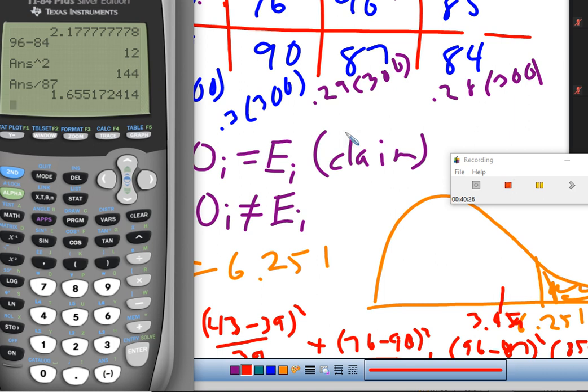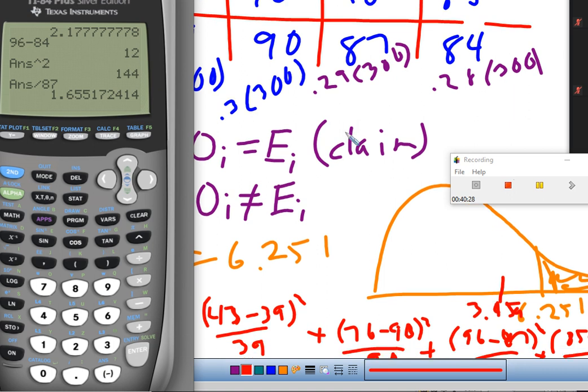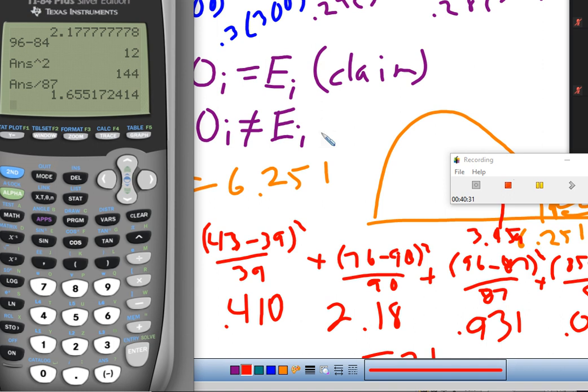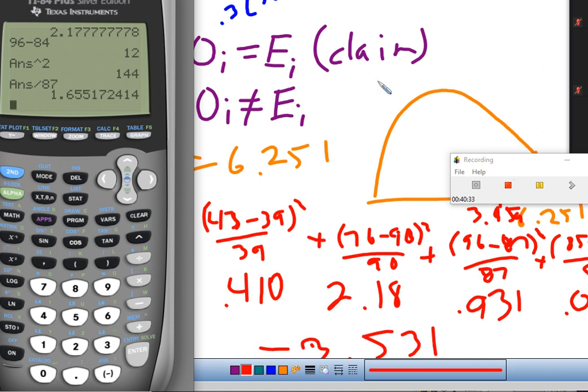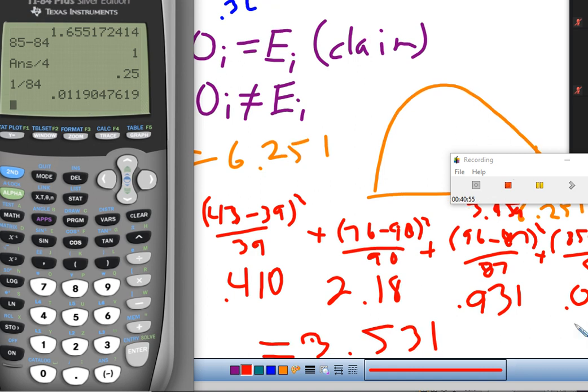Oh, it's 87, not 84. I got it. If I did it correctly, it would have been 9.931. And then 85 minus 84 squared is just 1 divided by 84. That's 0.012.